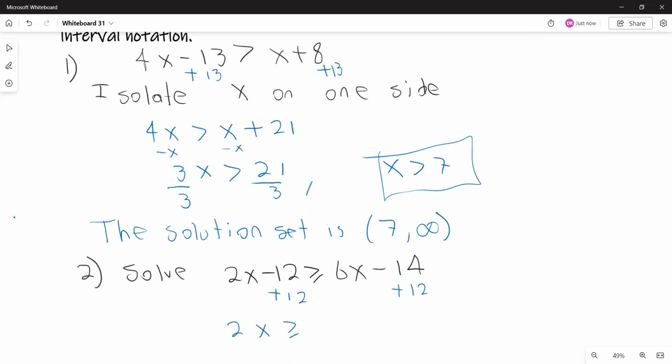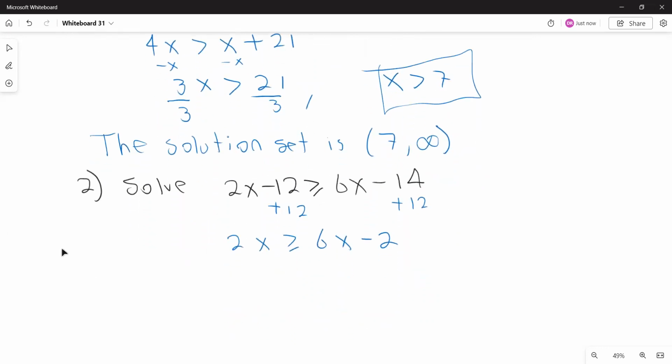6x, then minus 14 plus 12 is going to be negative 2, or 6x minus 2. And next, subtract 6x from both sides. And we get negative 4x is greater than or equal to negative 2.